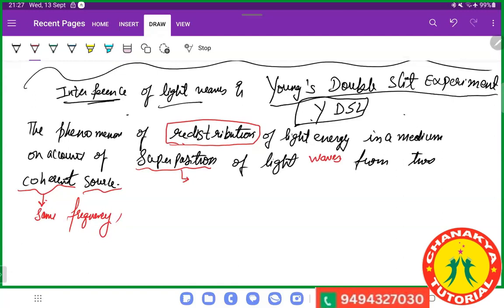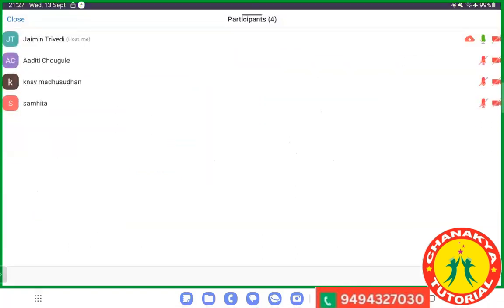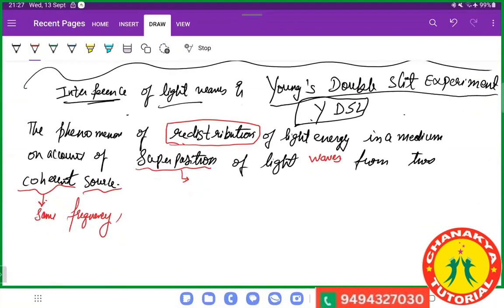Do you remember superposition of a charged particle from the first chapter? Samhita? Yes, sir. Two waves, when two waves superpose each other, they create a resultant displacement, which is the sum of the displacements of the two. Exactly.